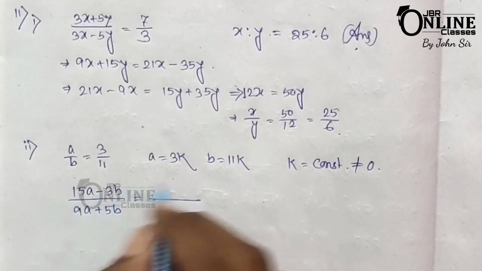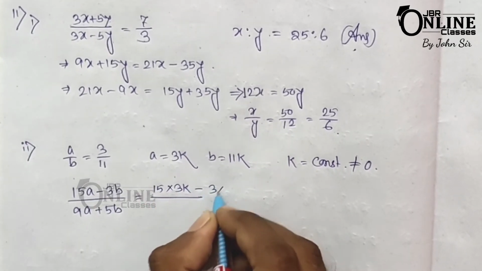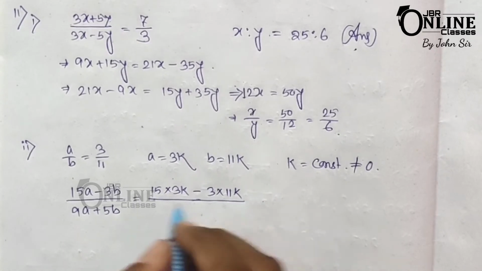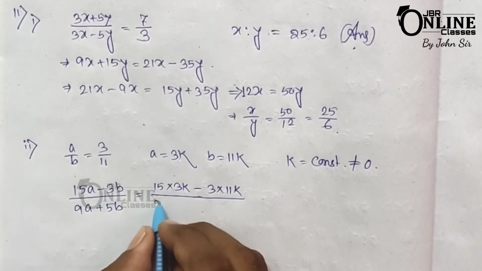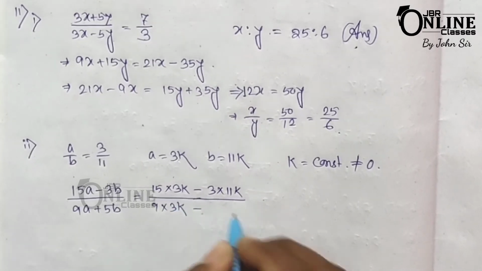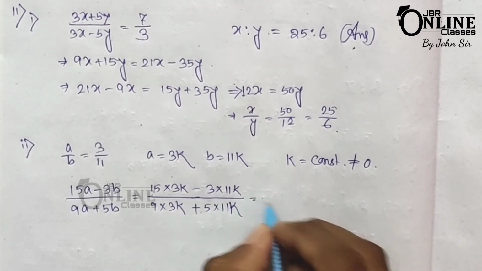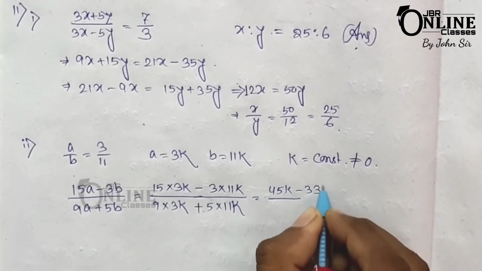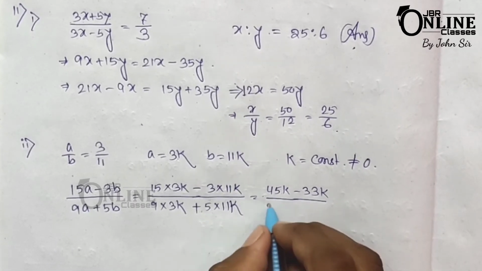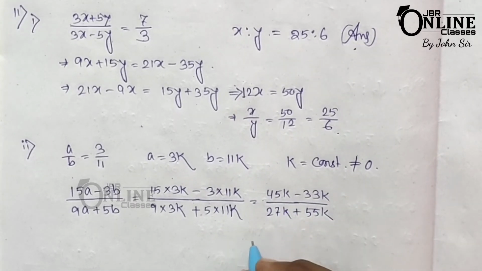So 5a is 5 into 3k minus 3 into 11k, as the value of a equals 3k and the value of b equals 11k. And 9 into 3k plus 5 into 11k. So in the upper portion, 15k minus 33k, and in the denominator 27k plus 55k.